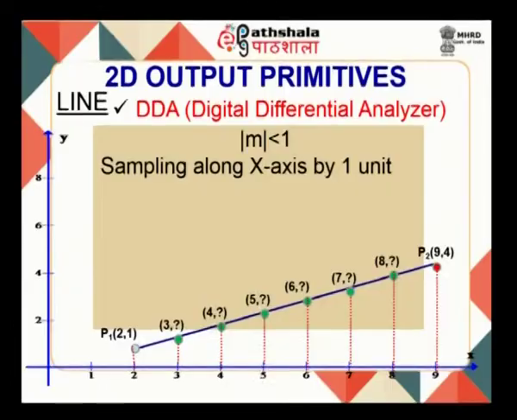See, you can also sample at 2 units, 3 units, 4 units and so on, but as we know very well, the higher the sampling frequency, the better the approximation of the true line. So the highest possible sampling frequency is 1 unit.